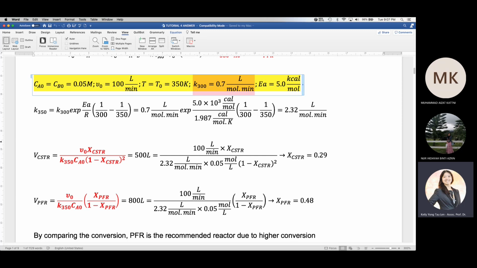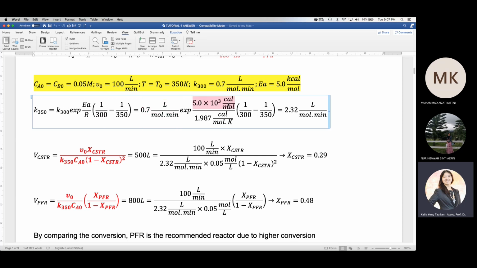So equation dia diberi sebagai K2, K yang baru, sama dengan K yang lama, K1, exponential EA per R, in bracket dia mesti 1 per T1 tolak 1 per T2. So kalau kita ganti, kita dapat K at 300 was 0.7.